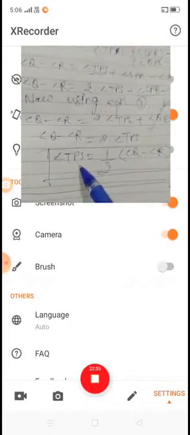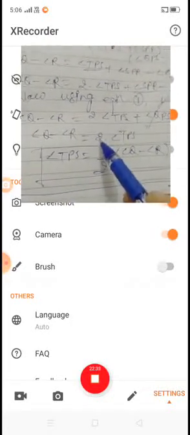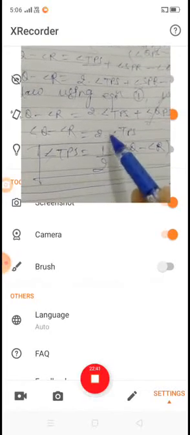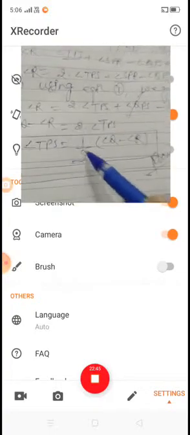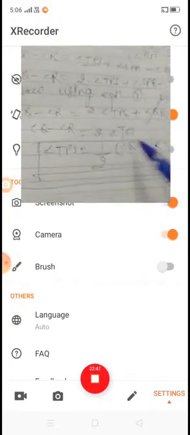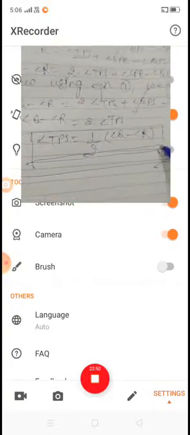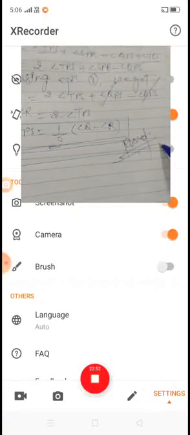That is, angle TPS is equal to 1 by 2, because 2 is in multiplication, so it goes to division. Angle TPS is equal to 1 by 2 of angle Q minus angle R. This is the result, hence our question is proved.